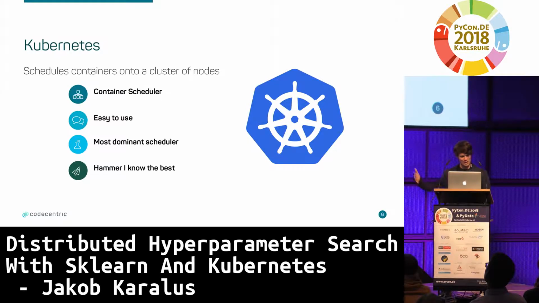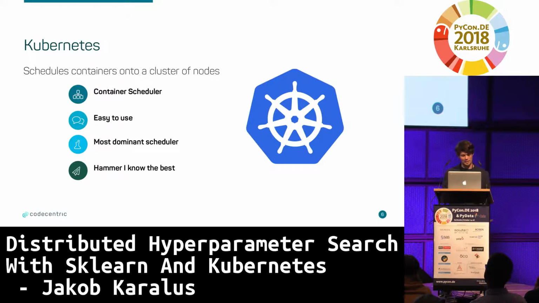It schedules containers onto a cluster of nodes. It's somewhat easy to use, but the main reason we use it is that it's the most dominant scheduler currently out there. It's available in every cloud as a service, or at least every cloud I know, and it's the hammer I know the best, and that's the reason I'm using it.